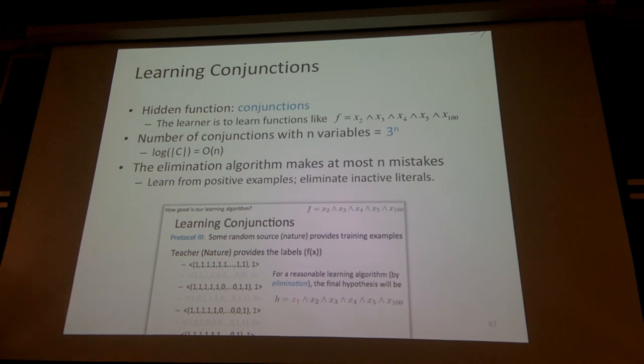It makes exactly n mistakes. There are n features, it makes n mistakes. The elimination algorithm realizes the mistake bound that the halving algorithm promises. And the elimination algorithm is, of course, efficient. So, what we have here is a proof that monotone conjunctions are learnable in the mistake bound and they are efficiently learnable under the mistake bound model.